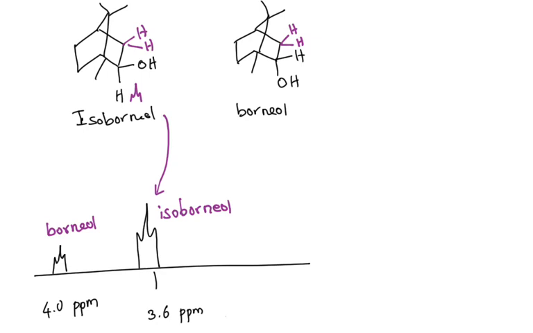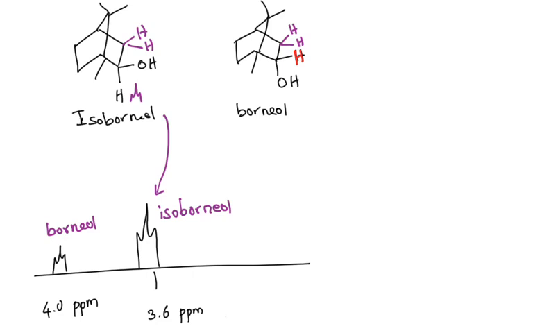It's because this red hydrogen is spatially close to these hydrogens, right, on the methyl group. So they have some different chemical environment, and it ends up in a different location in the x-axis of NMR spectroscopy.